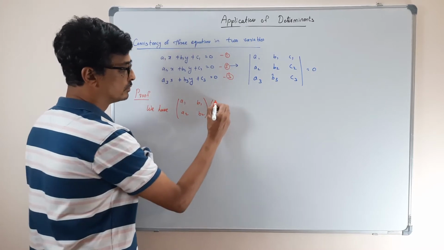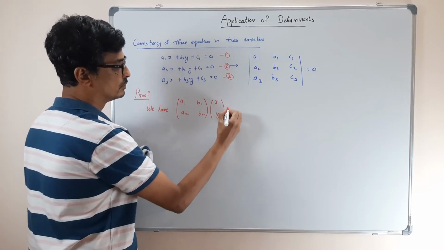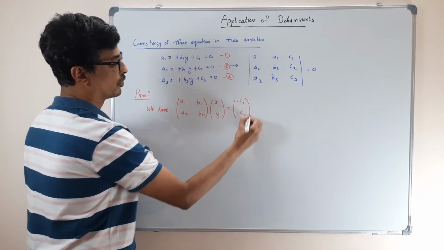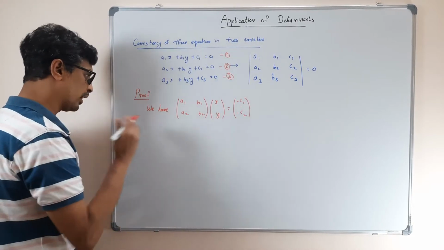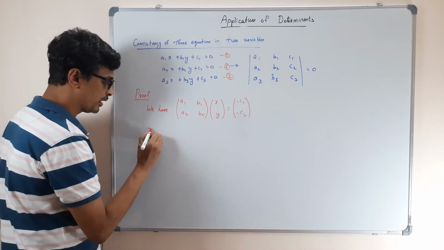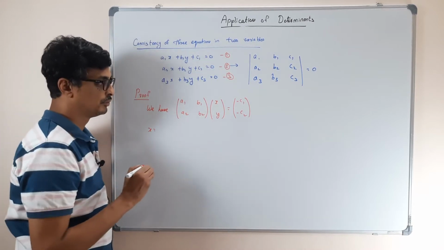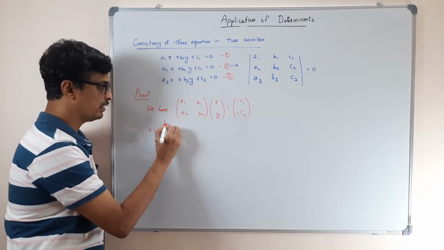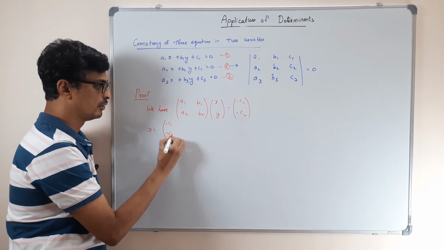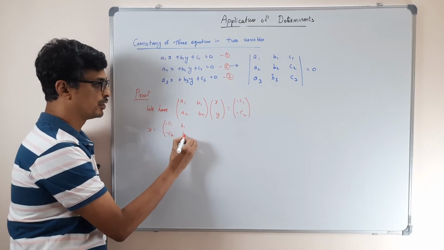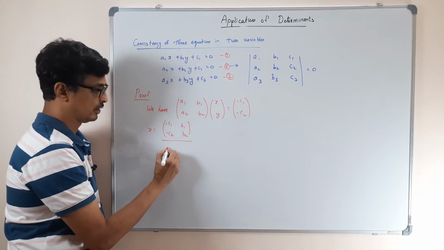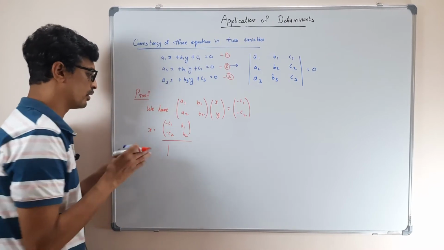The matrix times x, y is equal to minus C1, minus C2. Okay, then using Cramer's rule, solve for x. What will be the x? x is Dx over D, right? The numerator is the determinant with minus C1, minus C2, B1, B2, divided by the determinant A1, A2, B1, B2. Oops, sorry, this is a determinant, not a matrix.